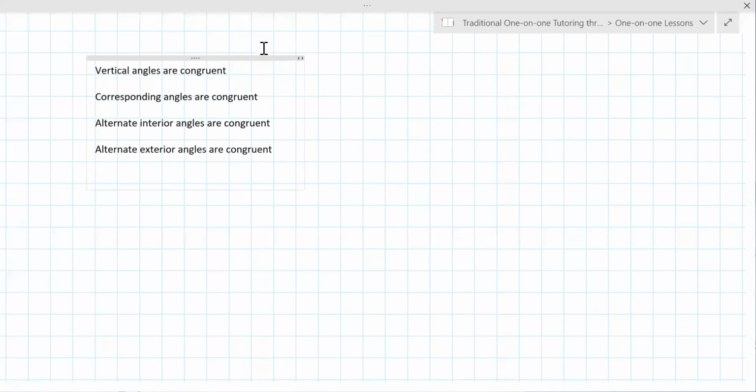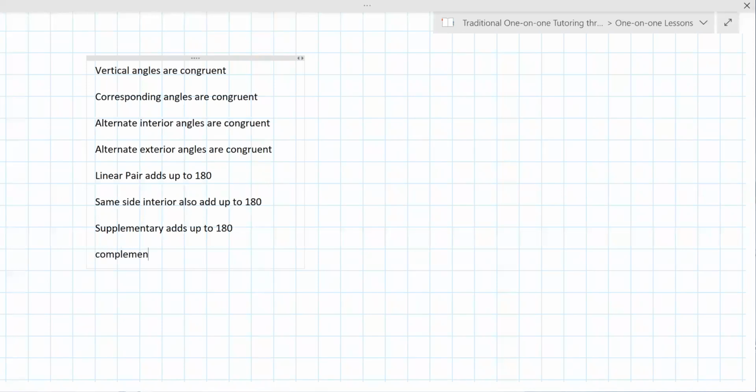Okay, and then you move to the stuff where they add up to like 180. So linear pair adds up to 180. And if they're same side interior, they also add up to 180. Supplementary, not complementary, supplementary, adds up to 180.